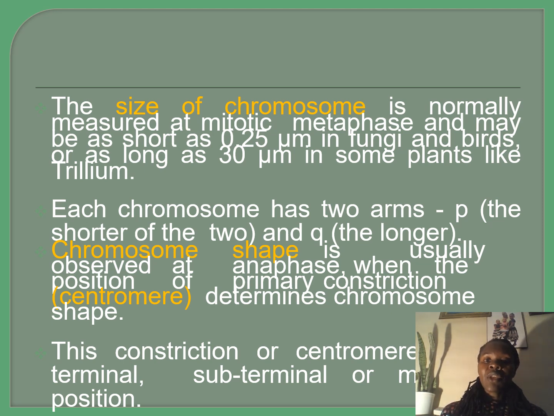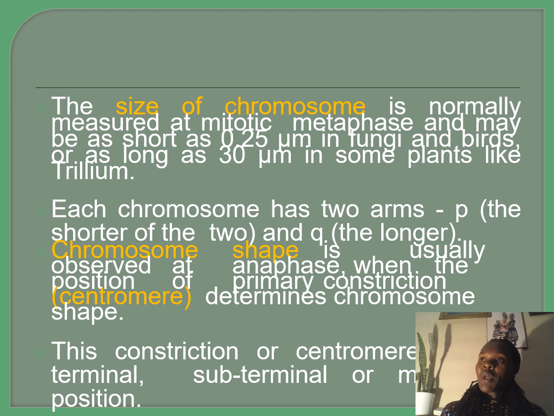So it tells much of the shapes of those chromosomes based on the primary constriction. There is a primary constriction in between the two arms. It separates the two arms, so it is the one which is known as the centromere, and it determines much the chromosome shape.